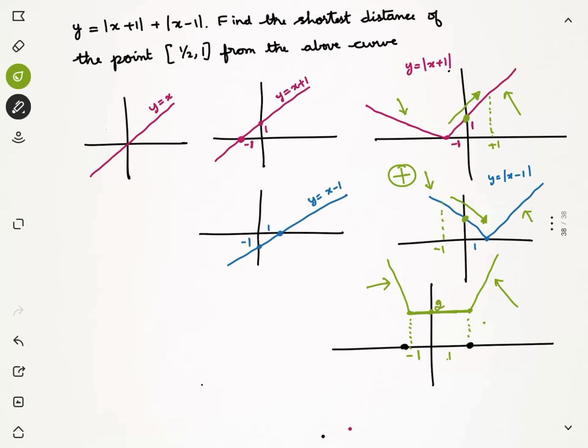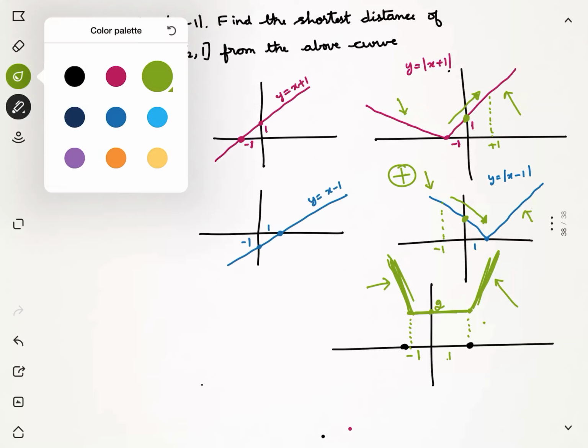So if I add this 1 and 1, I can see that my green color curve will cut my y-axis at 2 units, because I'm adding the pink color line and the blue color line, right? So I have constructed how my mod of x plus 1 plus mod of x minus 1 curve is going to look like.